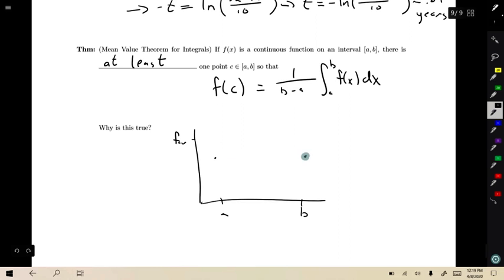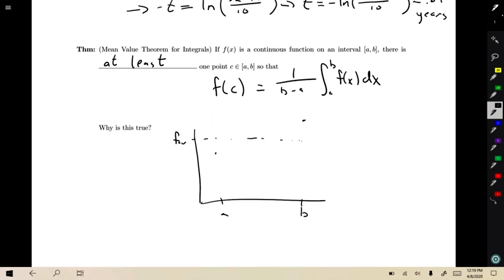Maybe what could happen is f av is smaller than all of the y values, but again, that wouldn't be the average value of this function because the average can't be smaller than the minimum. So what we conclude is that at some point, the function has to be smaller than its average value, and at another point, the function has to be larger than its average value.